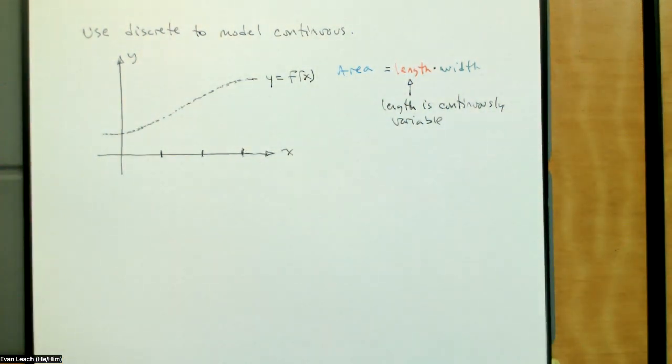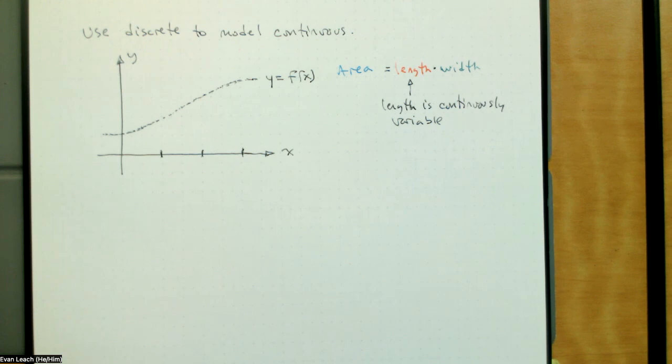So we're going to exploit that continuously variable part. Since the function is continuous, wherever we're looking here, if we look close enough, the function isn't going to change that much. If we look at a small enough interval for x, the function is not going to change that much.